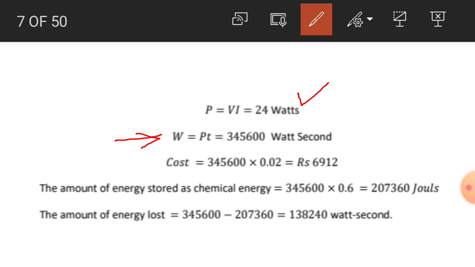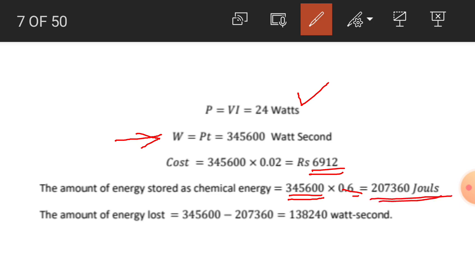Definitely 3,45,600 will cost rupees 6,912. So this will be the cost of charging the battery. Now 60% of the energy is stored as chemical energy. So the total energy multiplied by 60% will give you this much joules.